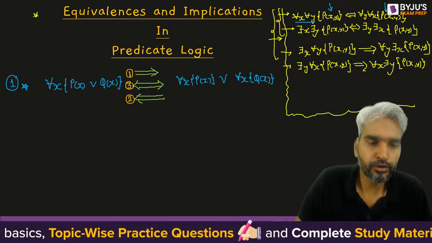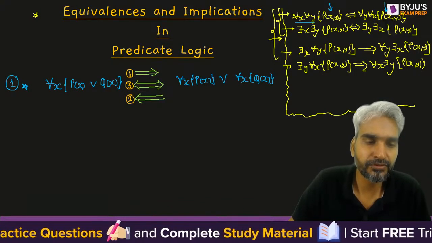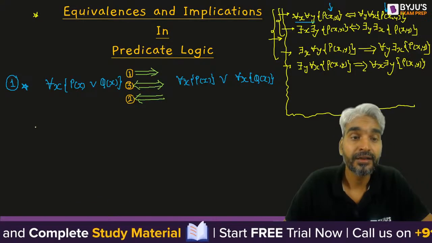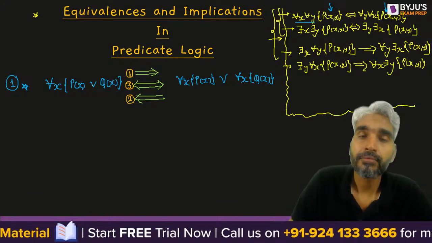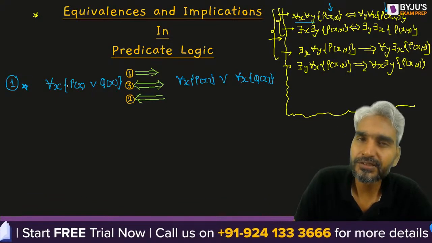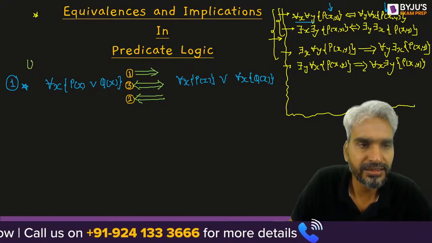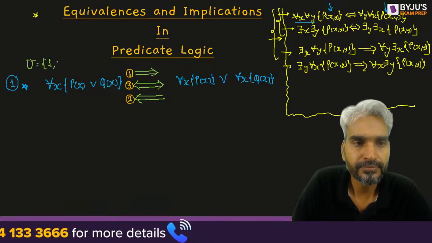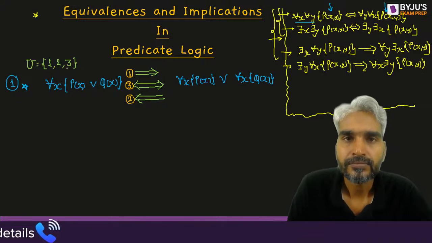Now, what we need to check is if LHS logically implies RHS, then it means whenever LHS is true, RHS should also be true. Now, for all X, that is for all the X in the universe, we will have to consider a universe. Let's assume the universe consists of 3 elements, 1, 2, 3, right?